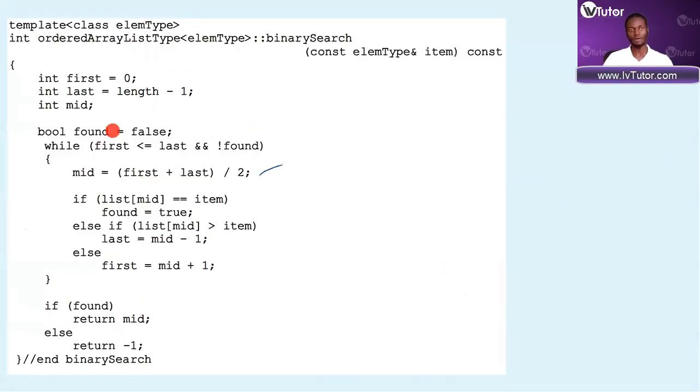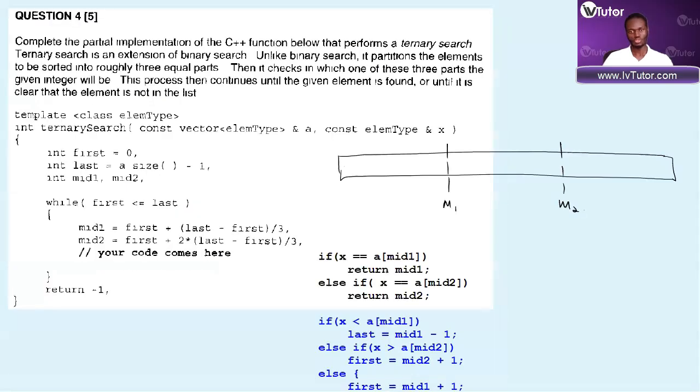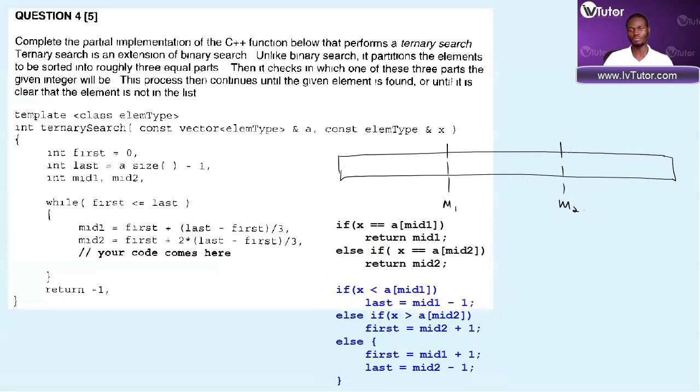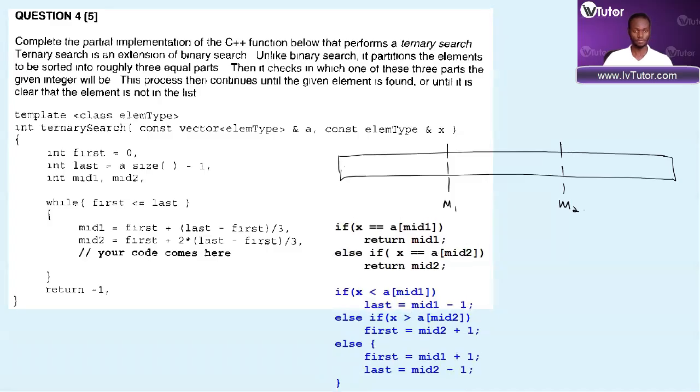So instead of using the found Boolean, you can just return immediately if you find it, which is more or less the way we are doing it in this current question. So you need an if statement to check whether you found it or not, and then you need an if statement to adjust your first and your last. So pretty much this is how you would then conclude your whole logic for this question.